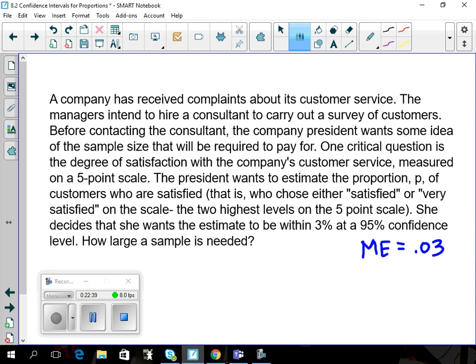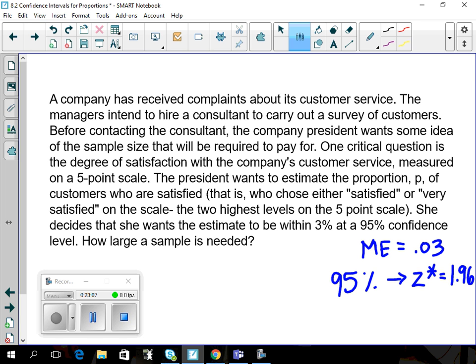The 95% confidence interval. The 95% is associated with what z star value? And why do I want to care about a z star? Because that's part of my margin of error formula, isn't it? So what is a z star that's associated with 95%? Okay, so we know that. So we're going to write that down. Good. What else do I need?